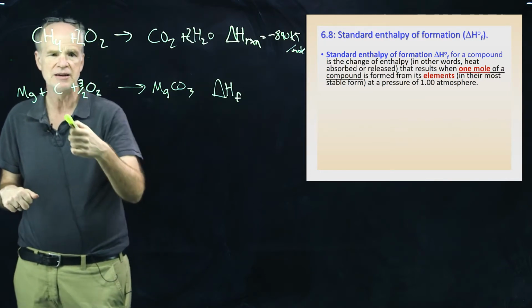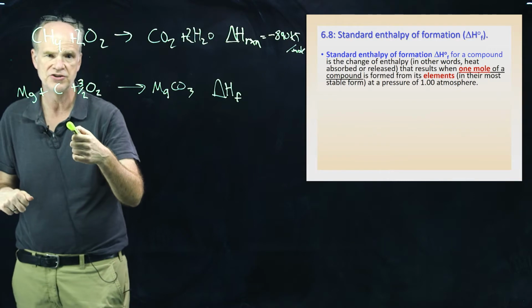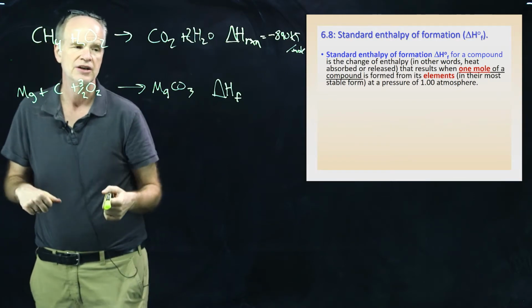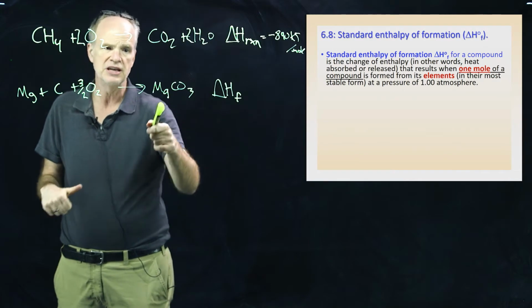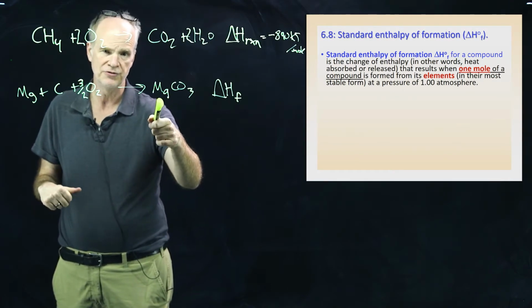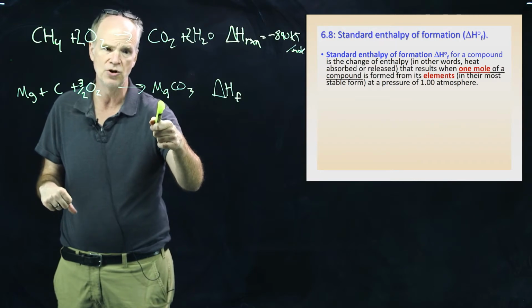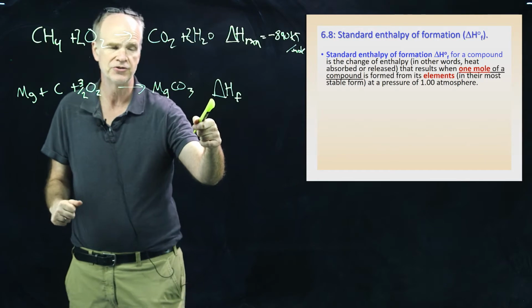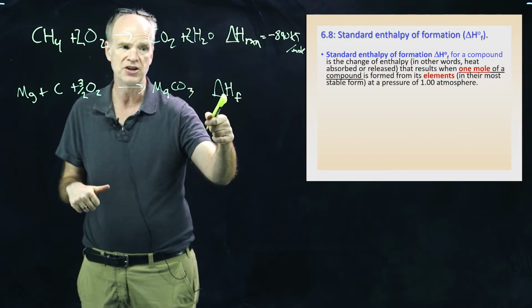So this is a perfectly good balanced equation to describe the formation of 1 mole of this. The energy associated with the formation of 1 mole of a compound or an element is called the enthalpy change for formation.